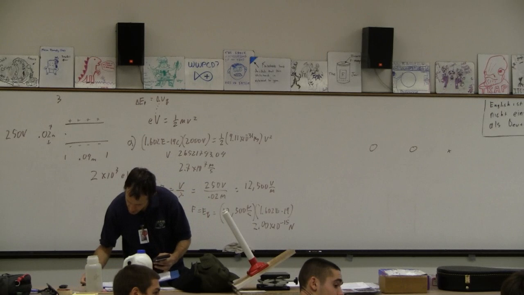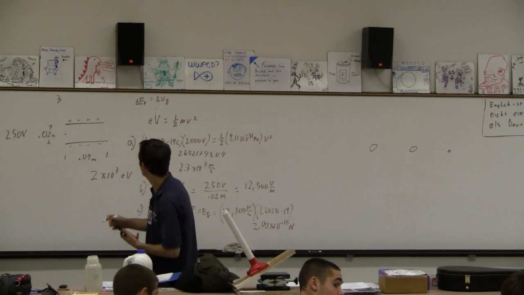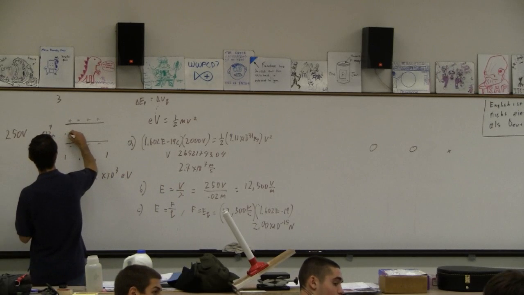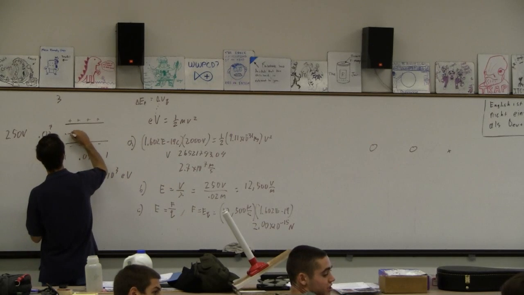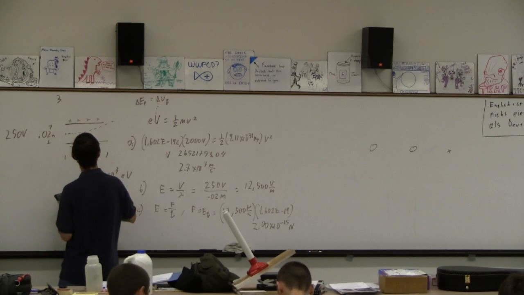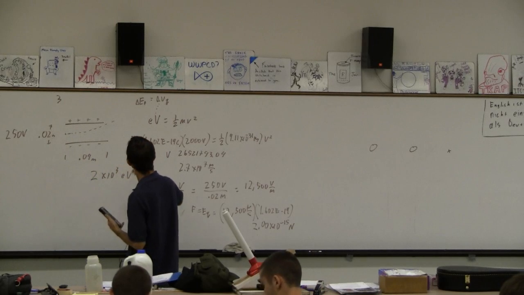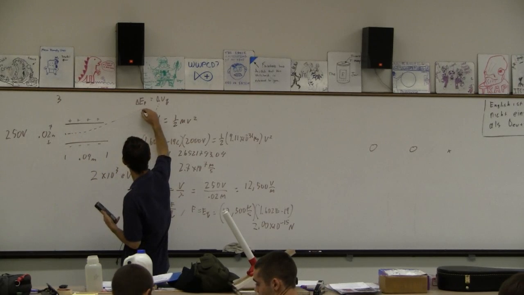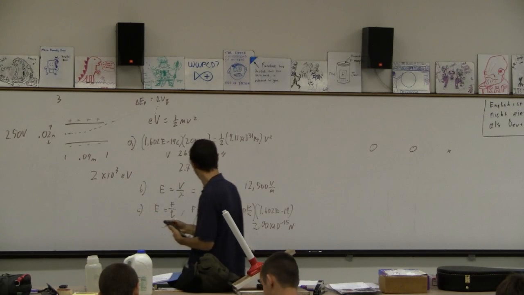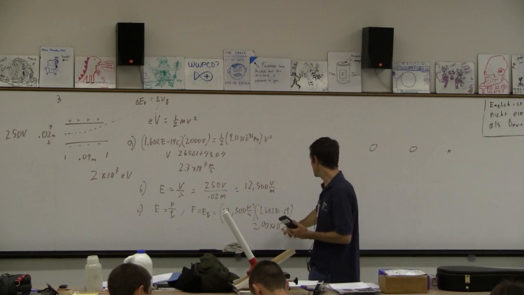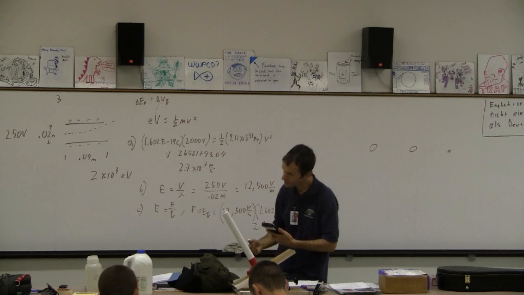Part D says sketch the path of the electron in regions 1 and 2. Well, it's an electron, so it's negatively charged. It's going to follow a path like that. I don't know what the displacement is. In the second region, it's just largely going to go straight, because gravity is such a small acceleration. This is going to be a huge acceleration.